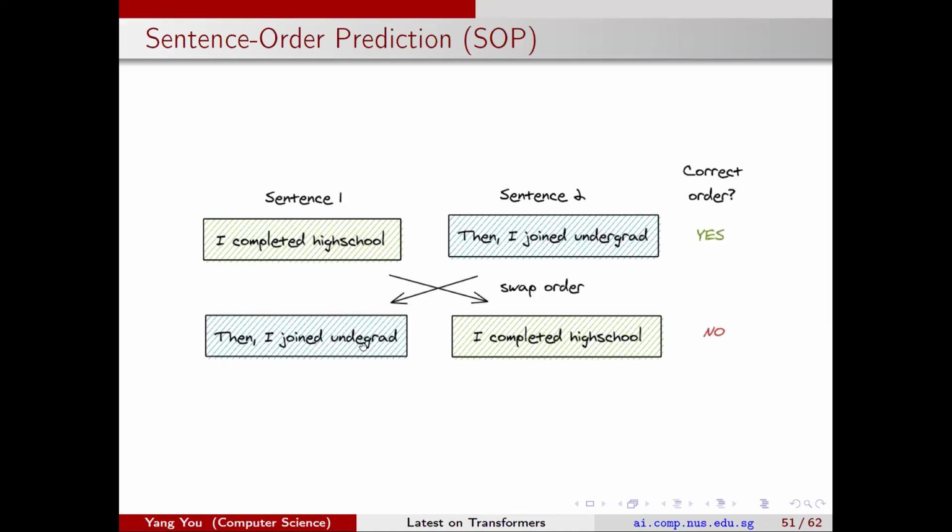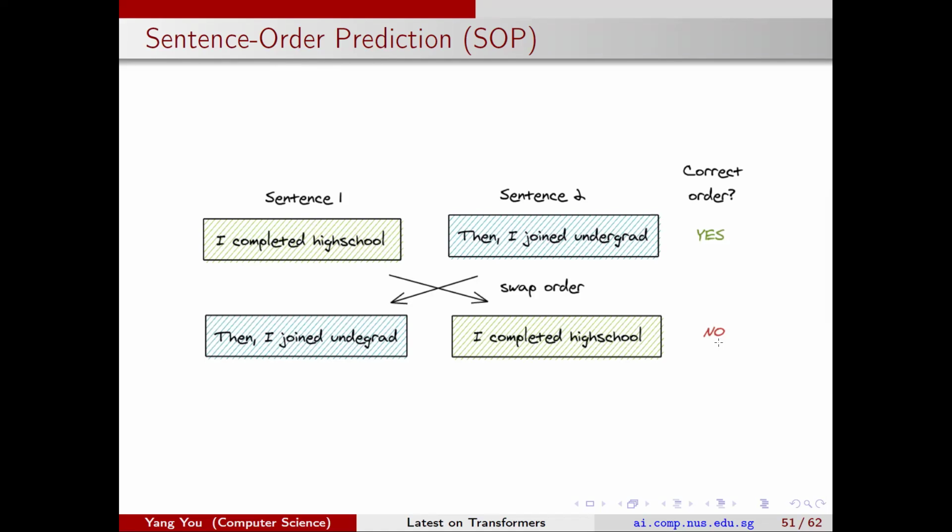This is very hard to build. It's not random. They are the consecutive pair, and we swap the order. We need to detect the difference between positive pair and negative pair. That's the coherence.